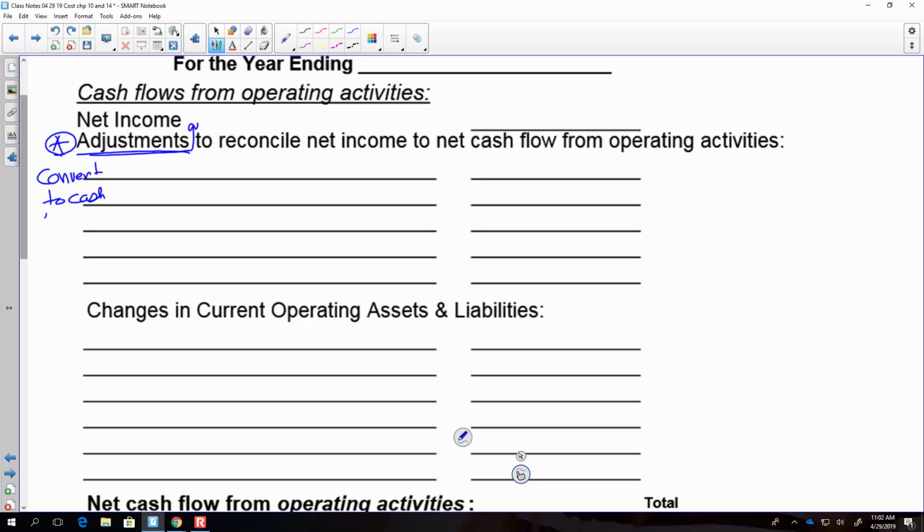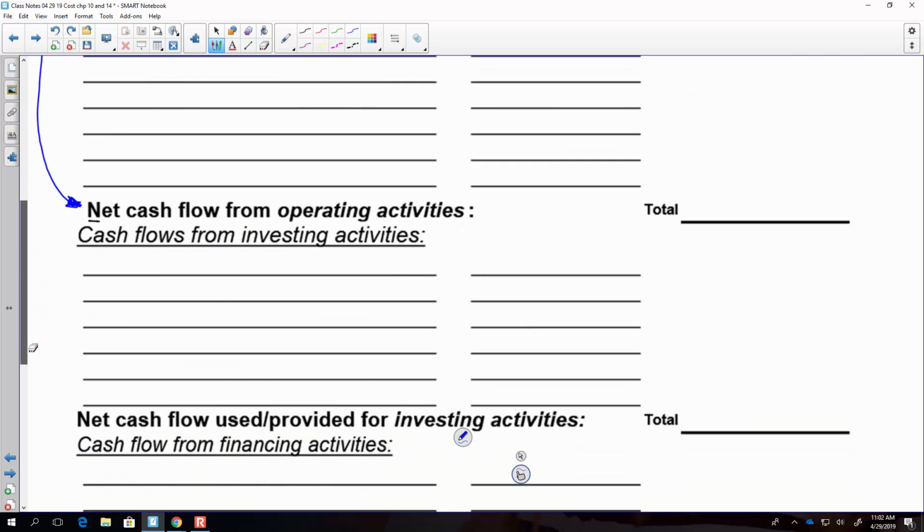This net cash flow from operations is a huge number. Banks love to see that number. Why is this so important? It's probably more important than the bottom number. Liquidity?